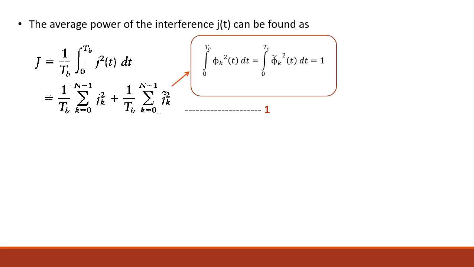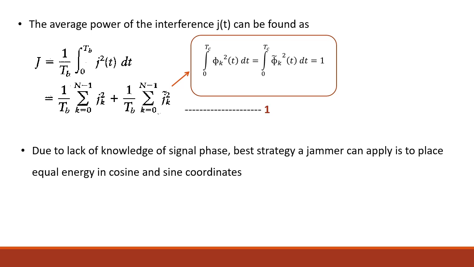Here we have used the relation that since phi k and phi k tilde are orthonormal basis functions, integral 0 to Tc phi k square of t dt is equal to integral 0 to Tc phi k tilde square of t dt, which is equal to 1.